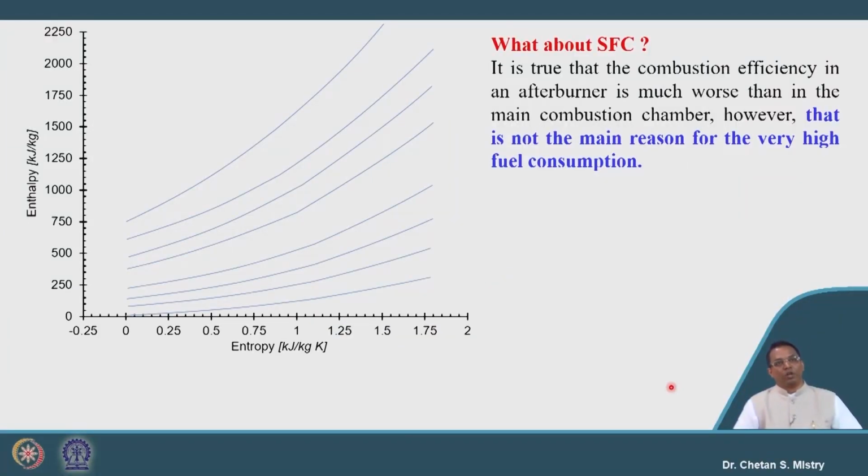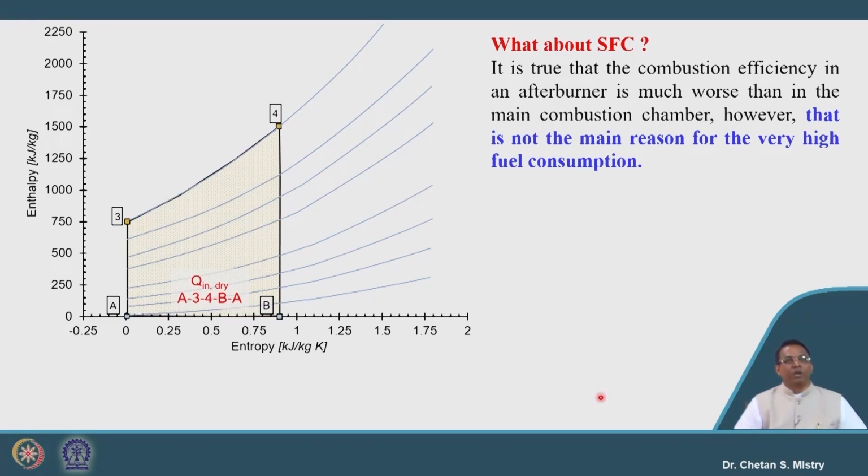Now the question is, when I am incorporating this afterburner, what will happen with my efficiency, what will happen with my specific fuel consumption. So let us try to look at the case. So here this is indicating my cycle. Here in this cycle, this is without afterburner.